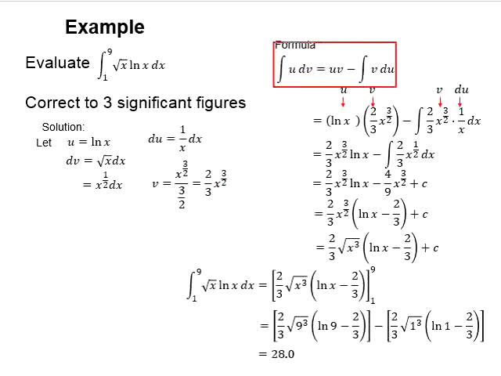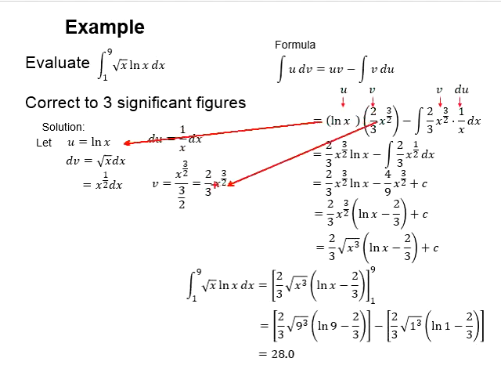Use the formula of integration by parts. u, v, minus the integral of v du. Simplify the function here. You will get this and you integrate it.